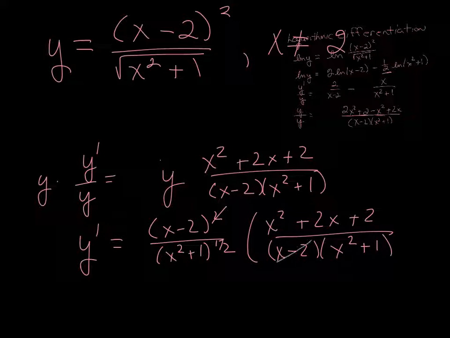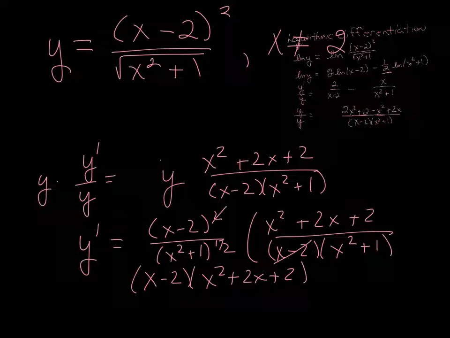This cancels. And we have x squared plus 1 to the 1/2 times x squared plus 1. So we end up with x minus 2, x squared plus 2x plus 2 over x squared plus 1 to the 3/2.